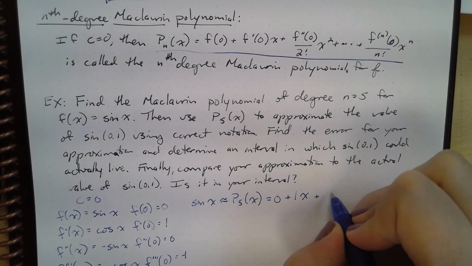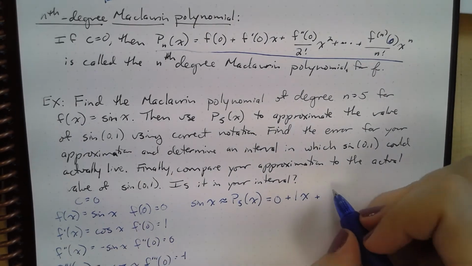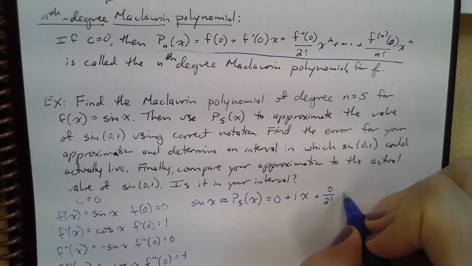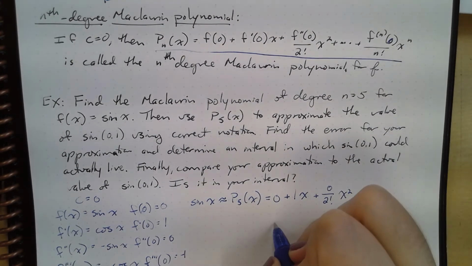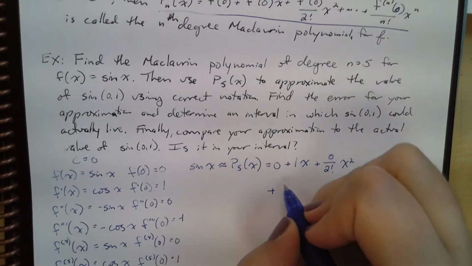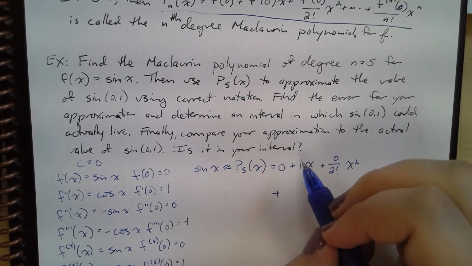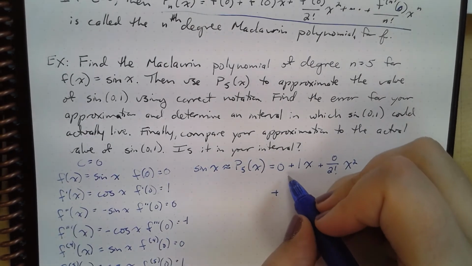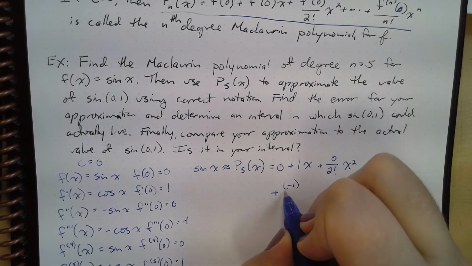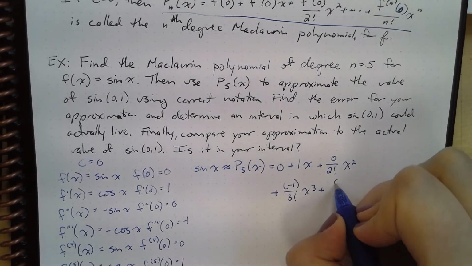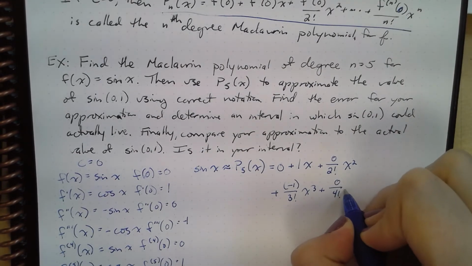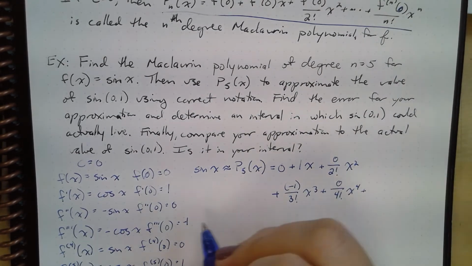plus f double prime of 0, which is 0 over 2 factorial times x squared, plus, I'm writing down here because I'm running out of room, negative 1 over 3 factorial times x cubed, plus 0 over 4 factorial times x to the fourth.